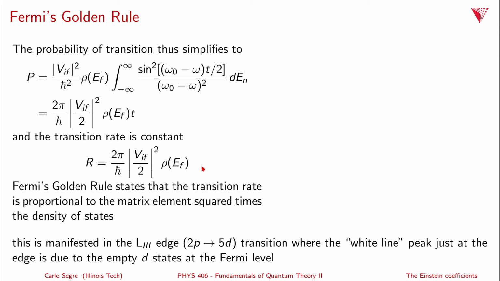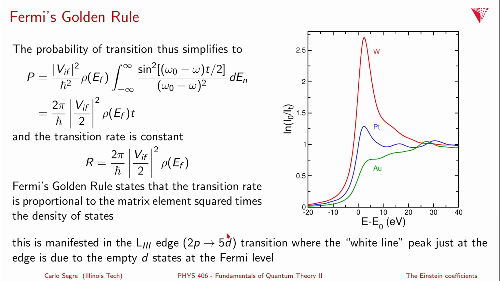And there's a transition there where there's a white line peak just at the edge, which is due to the fact that you might have, or if you have some empty d states. Because if you have empty d states, these are very narrow, and they'll give you a nice sharp density of states at the absorption edge. You can see how this looks with 3 specific elements in the periodic table.